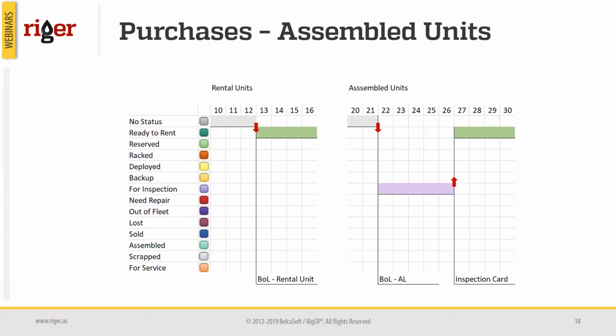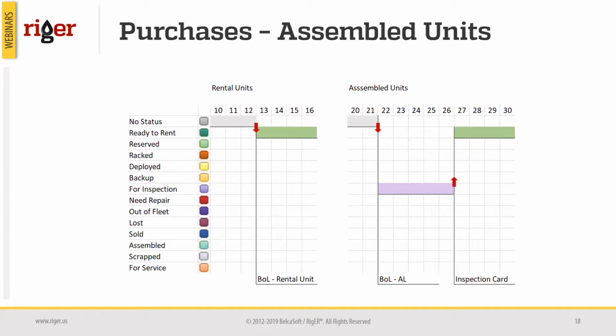We can do this via the bill of lading, but instead of switching everything straight to ready to rent, we can move the unit to inspection, and after inspection it becomes ready to rent. So depending on what kind of algorithm or process you use for your purchased items, we can build different models.